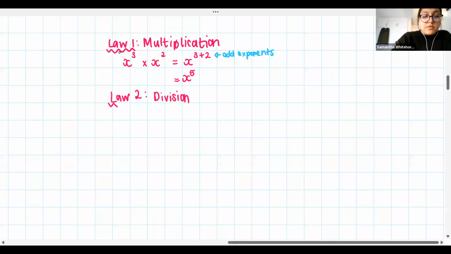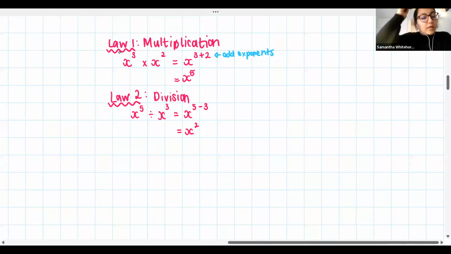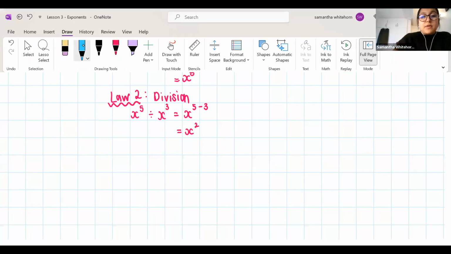Okay, now hopefully it sort of makes sense that because multiplication and division are inverses of each other, if we are now going to divide the same bases, so let's say we've got x to the power 5 divided by x to the power 3, our law now tells us that we have to take the top exponent, so the numerator's exponent, and subtract the denominator's exponent. And that will allow us to simplify our exponent or our base to whatever the quotient is from that.